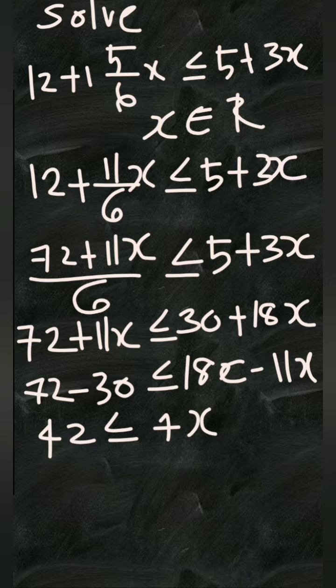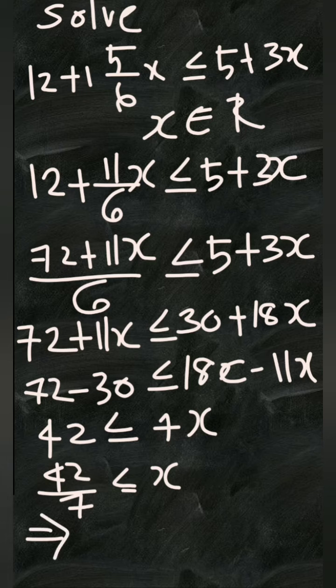For that I have to move the 7, which is multiplied with x, from the RHS to the LHS, then it will become divided by 7. That is 42 by 7 is less than or equal to x. That is, 42 by 7 is 6, so 6 is less than or equal to x.